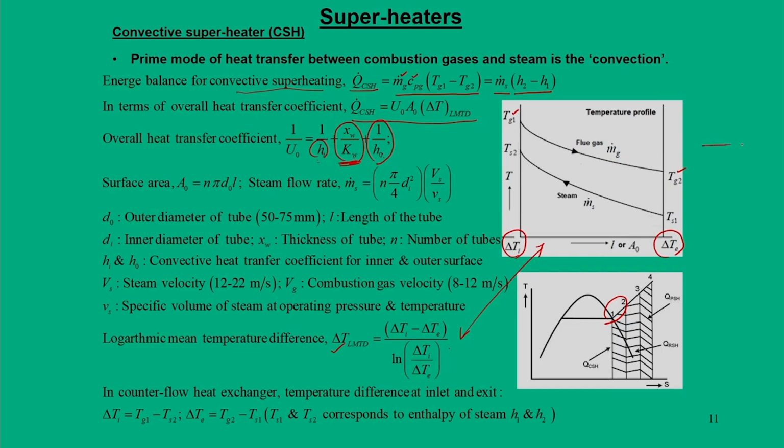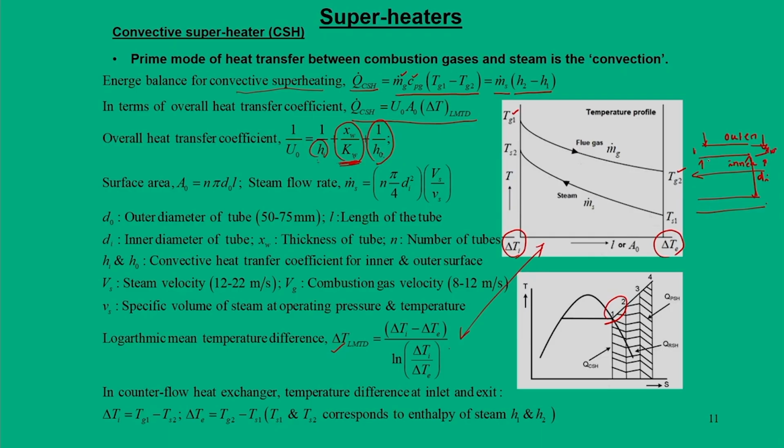Basically, this is the thickness of the tube, and here this is the inner part and this is the outer part of the tube, and this is your inner diameter, and this is your thickness, xw.